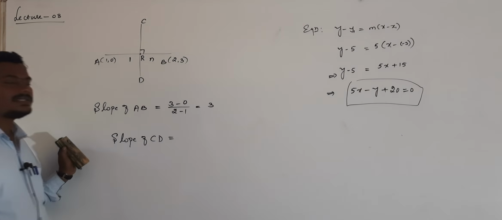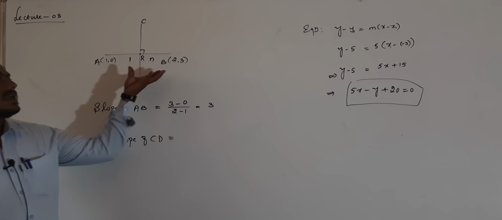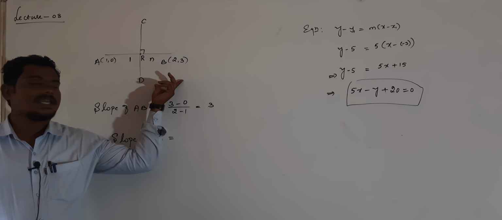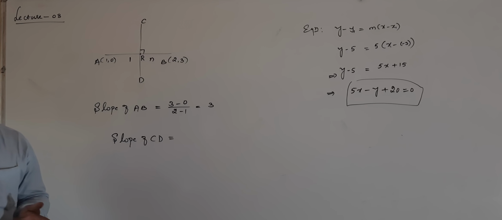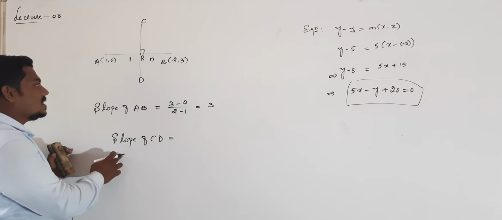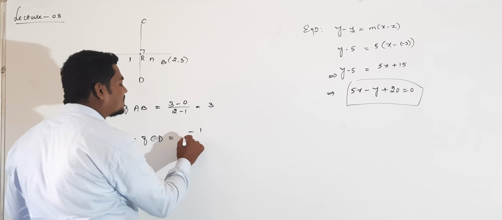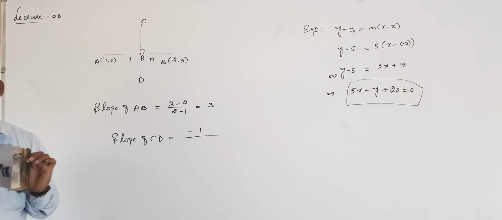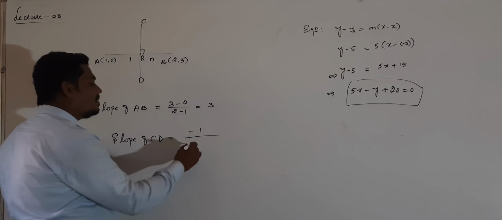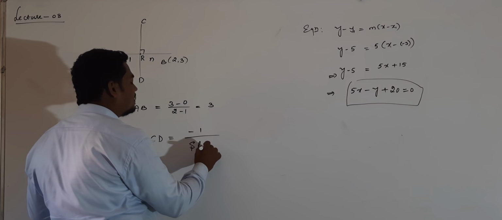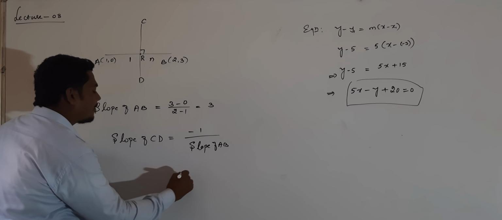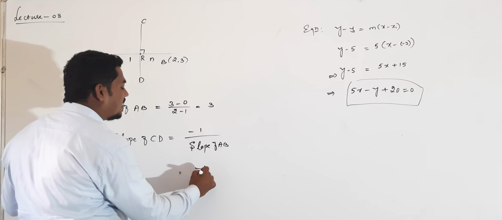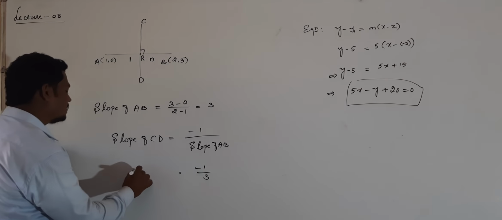Slope of CD is equal to, clearly AB line is perpendicular to CD line. AB line is perpendicular to CD means product of their slopes equal to -1, or else slope of CD is equal to -1 divided by slope of AB, right? Then -1 divided by 3.